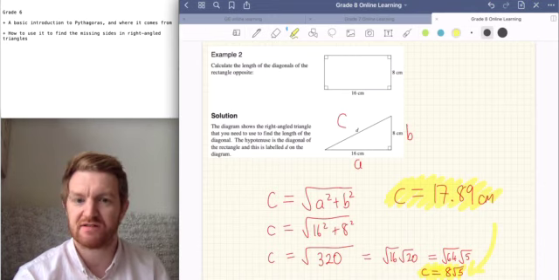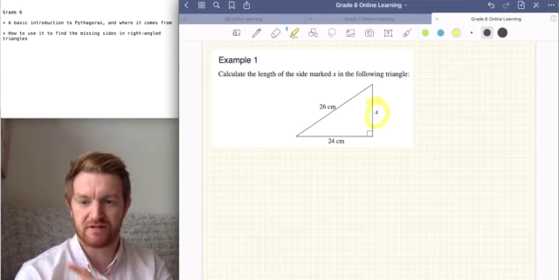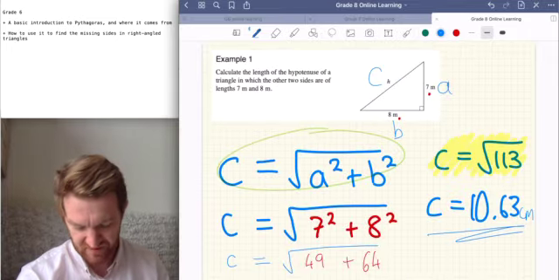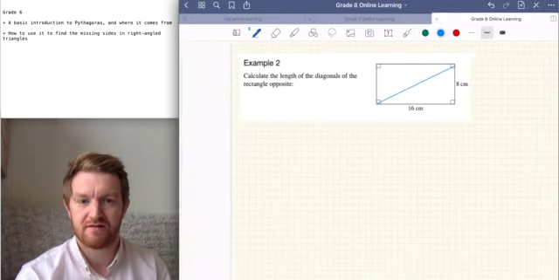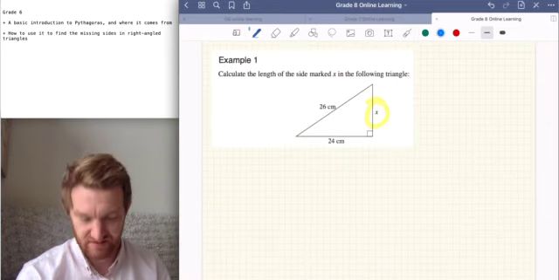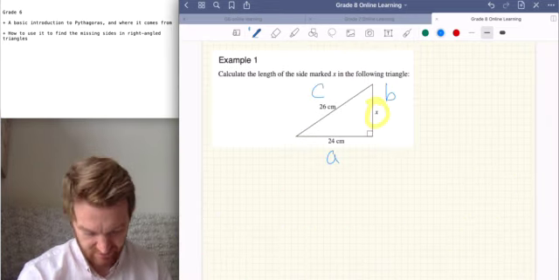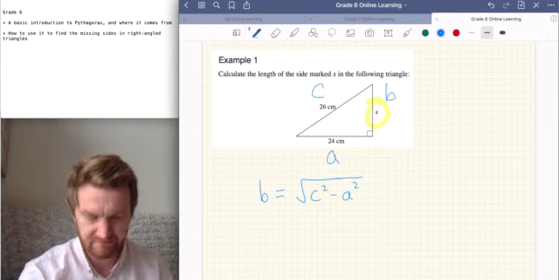Okay, let's keep looking at some examples of how we can use this. Now we are trying to find x here. X, we can see, is not the longest side, so that does affect how we use our formula. Jumping back, we can see that it's like that one on the side. So let's label our triangle. Let's call it C, B, and A. The formula for B is equal to the square root of the longest minus one of the other shorter ones.